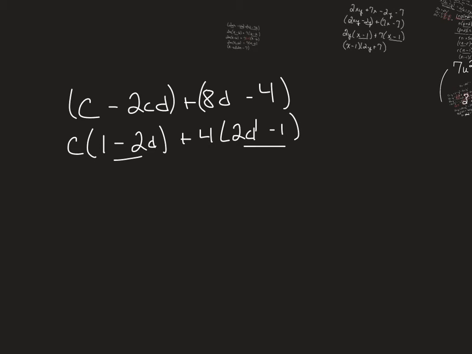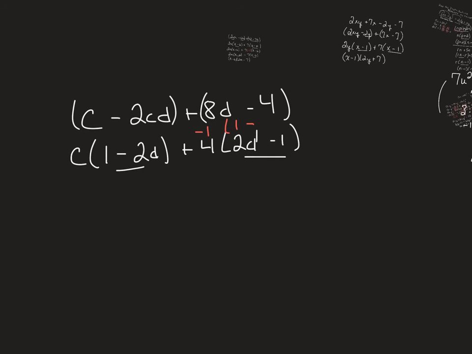So if I factor out a negative 1, then that's going to change this to 1 minus 2d. If you're not sure, think about what happens if I multiply back through by a negative 1. We'd have a positive 1, negative 1 plus 2d, which is what's in the grouping.